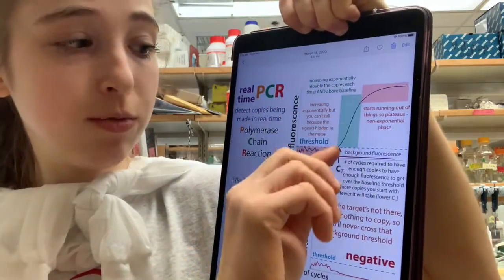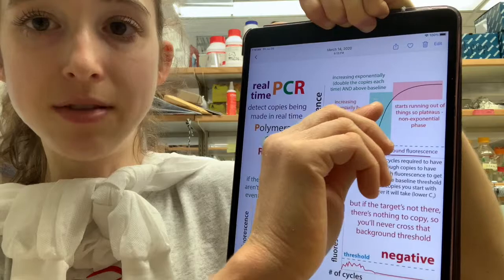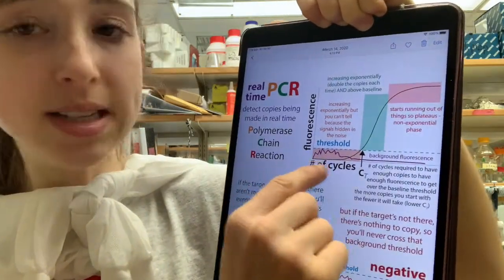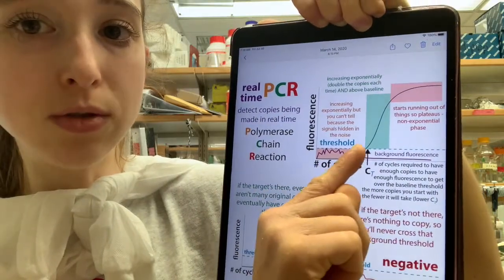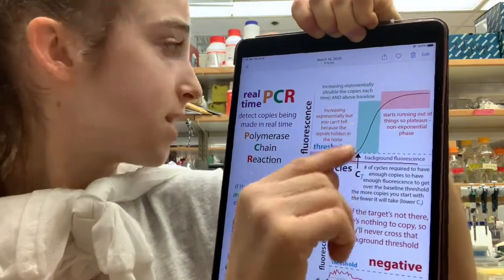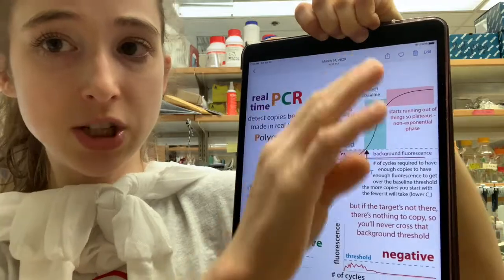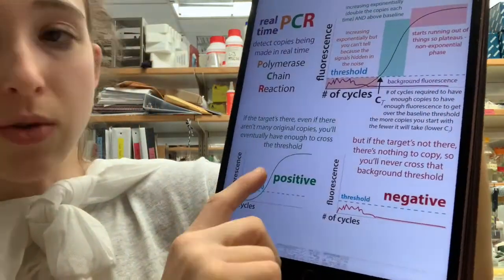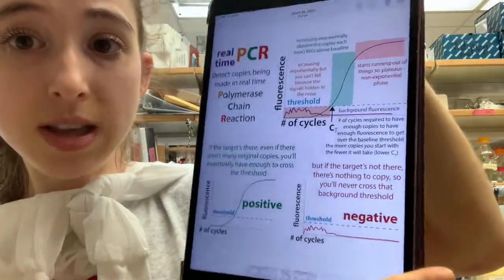So you're going to reach that threshold where you pass the level of the noise really quickly, in few cycles. So you're going to have a low CT value. The CT value is the number of cycles you need to pass that threshold where it's just noise, and to reach the threshold where it's a true positive. So if you do that, you'll get a positive. If you don't, then you'll have a negative.